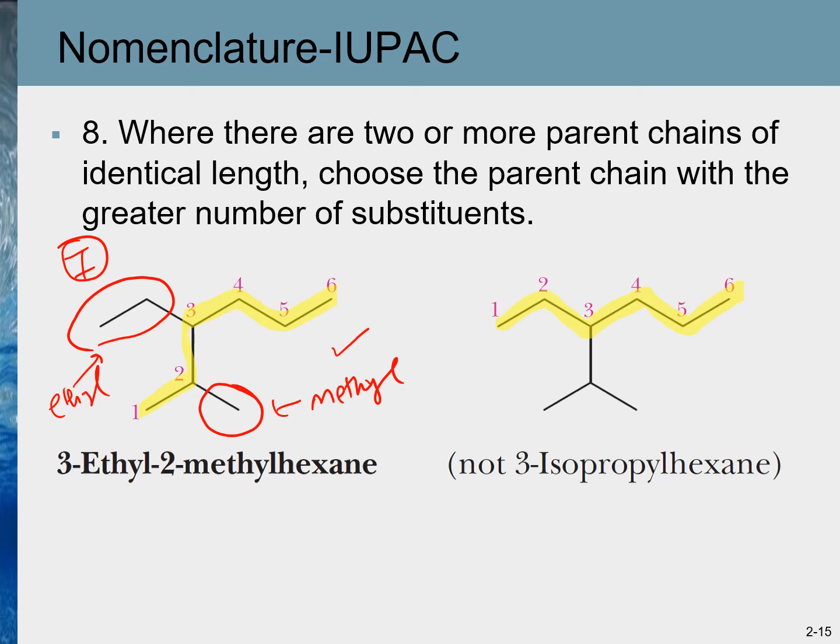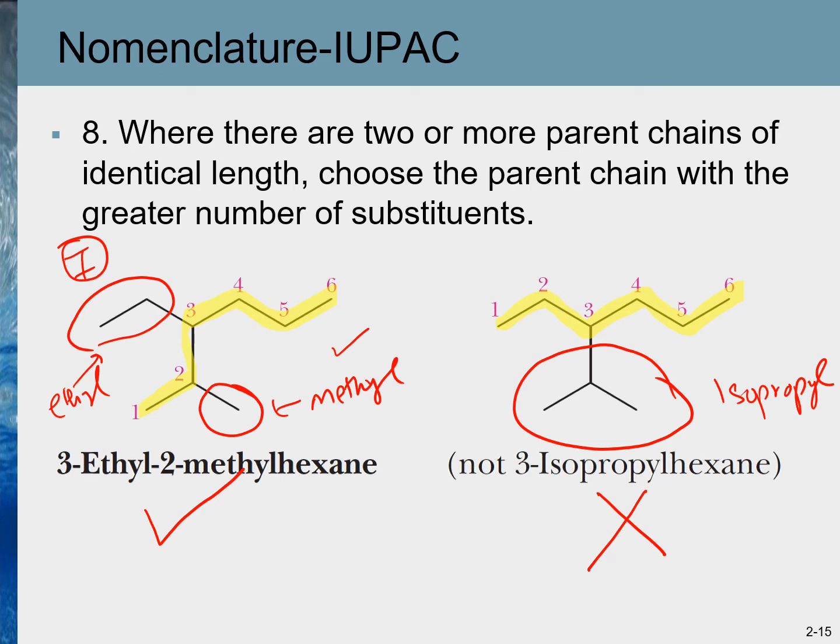In choice number 2, we have only one substituent. The name of this substituent is isopropyl. So according to this rule, we go with that parent chain which has greater number of substituents. So this is the correct name and this is incorrect.